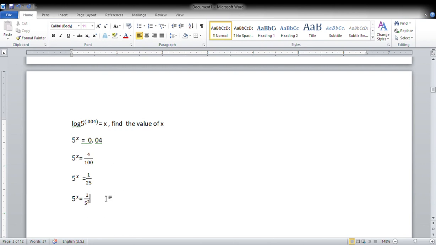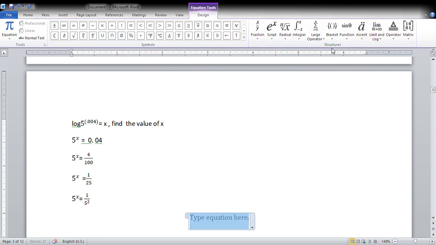Again, come to the next part. 5 to the power x is equal to 1 by 5 square.